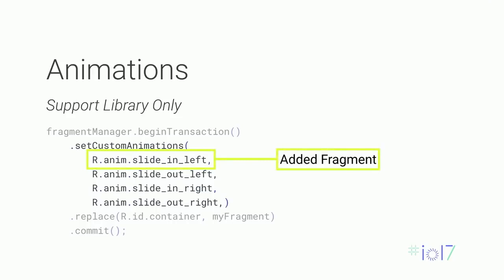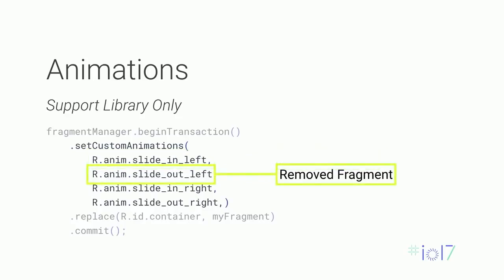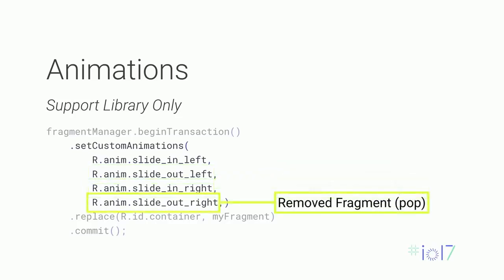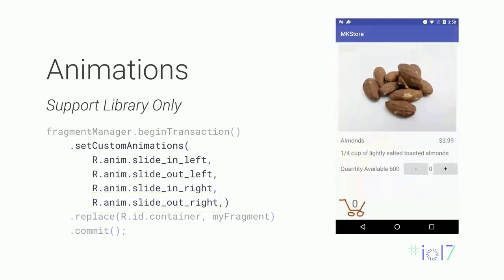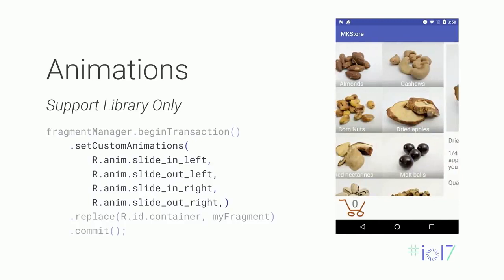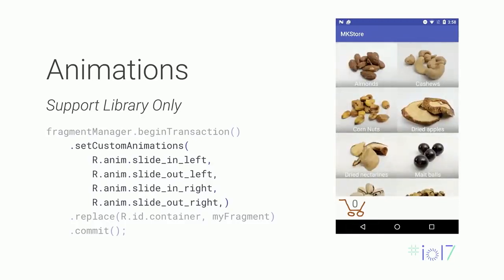You can set those on the view coming in, the fragment coming in, on a separate one for the fragment being removed, and also the same things for the pop as well, the ones that are being added and removed. And so you can have different animations for each of those. And you can get an effect like this, which is very nice, a slide effect, which you couldn't do with the basic transitions.